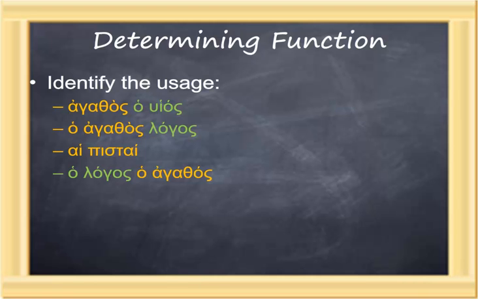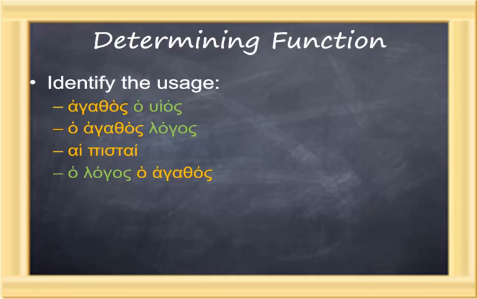The son is good. Number 2, ho agathos logos. The adjective is articular. It has an article, but it also has a noun with which it agrees. This is the attributive use of the adjective, the good word.